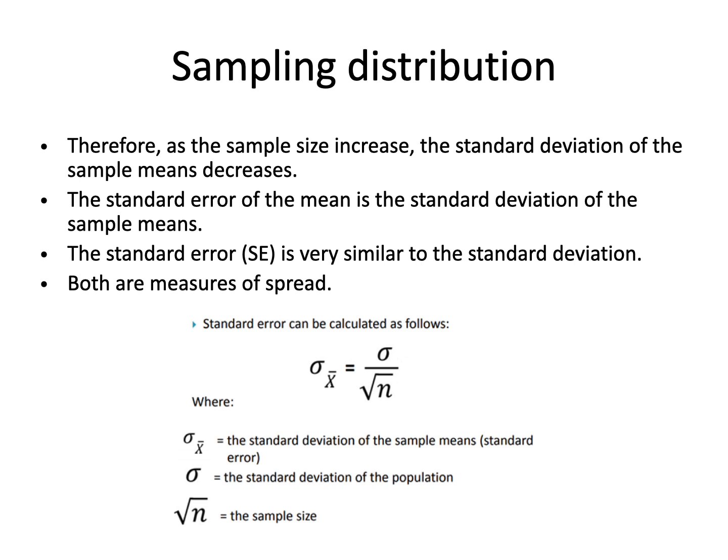The standard error is very similar to the standard deviation, and both are measures of spread. We can estimate the standard error by using this formula: the sample standard deviation divided by the square root of n, where n is the sample size.